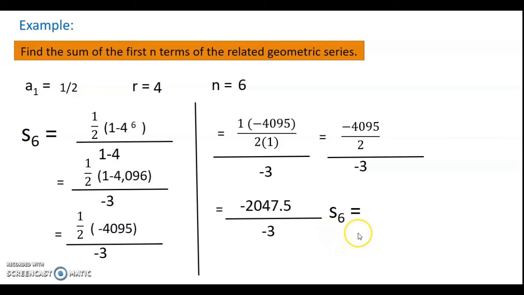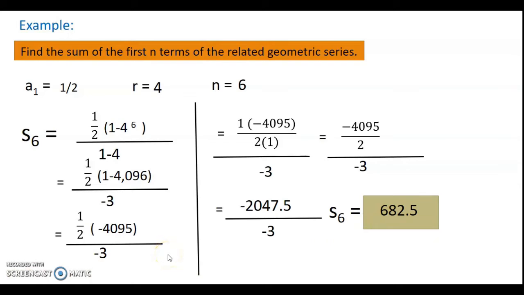So our geometric sum is equal to 682.5, or 1/2. So this is our answer.